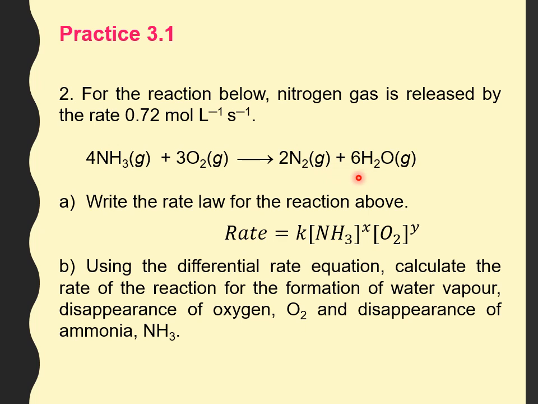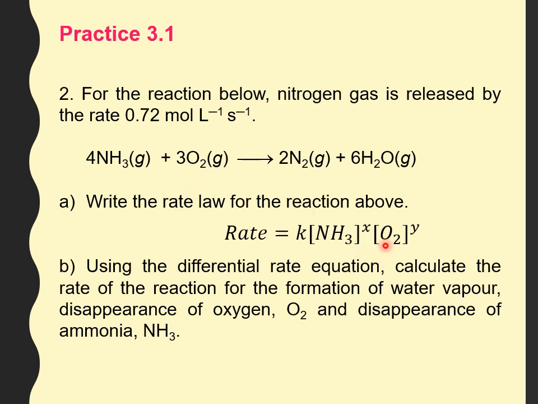So how do we write the rate law for the reaction above? We are going to put the reactants only. So the reactant is NH3, the concentration of NH3 to the power of x. It is not to the power of 4 because x is not the stoichiometric coefficient. It's the order of reaction. And then the second reactant is O2.